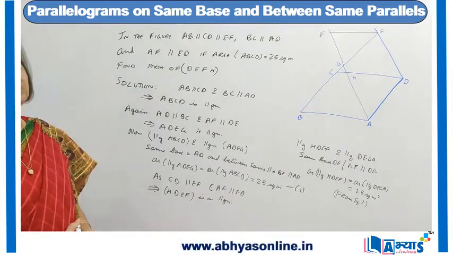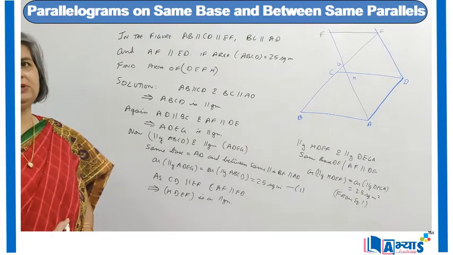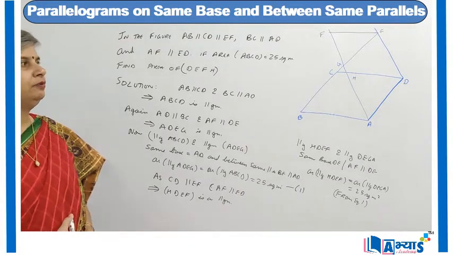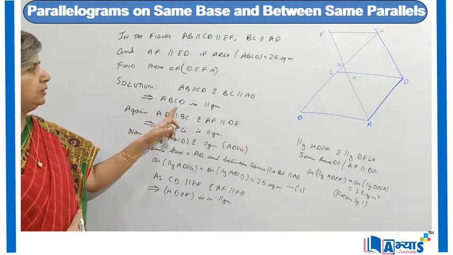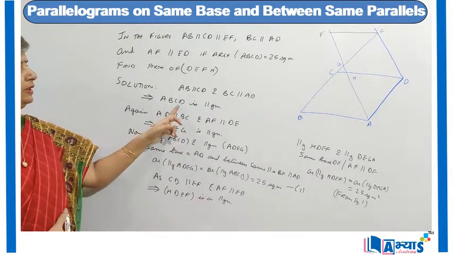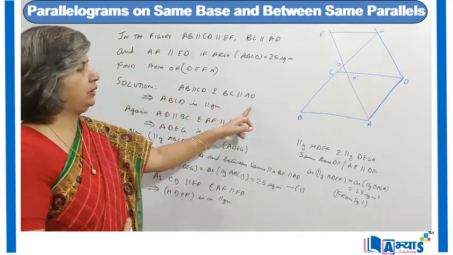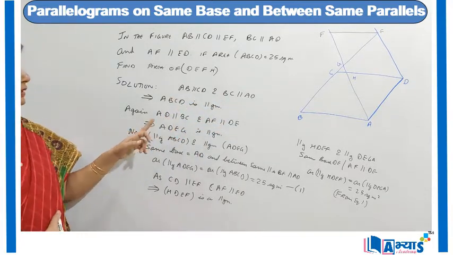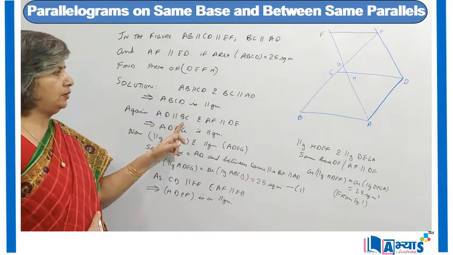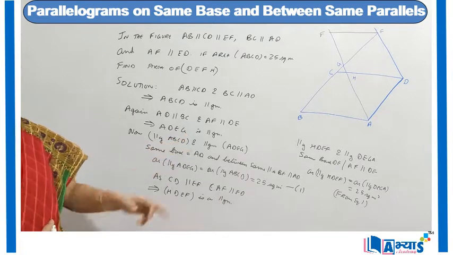So we have used the concept that if we have two parallelograms on the same base and if they are between the same parallels, the area will be equal. First we have taken the parallelogram ABCD and ADEG. We know that ABCD is a parallelogram because AB is parallel to CD and BC is parallel to AD. In the second case, we know that AD is parallel to BC and AF is parallel to DE, so ADEG is also a parallelogram.